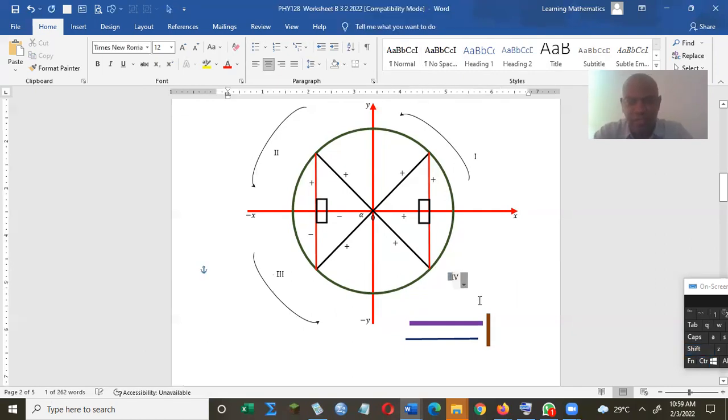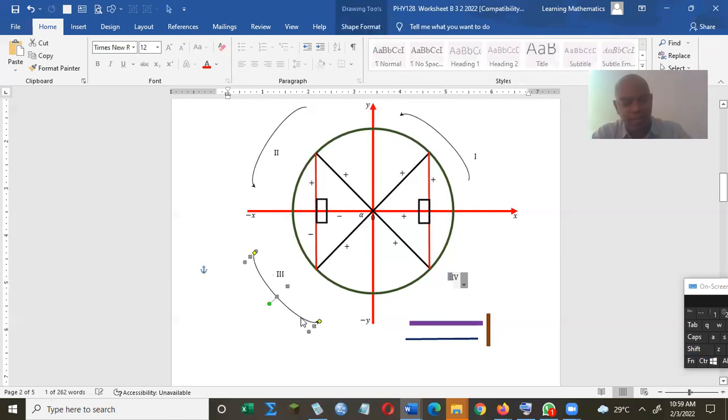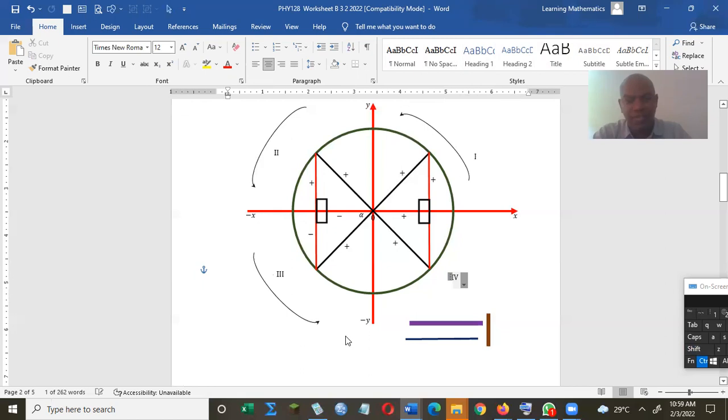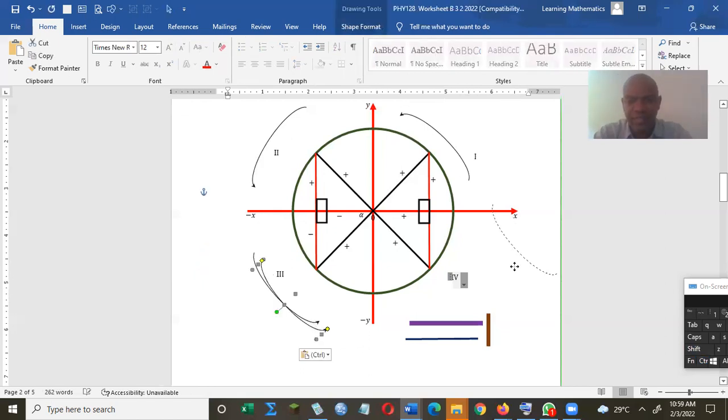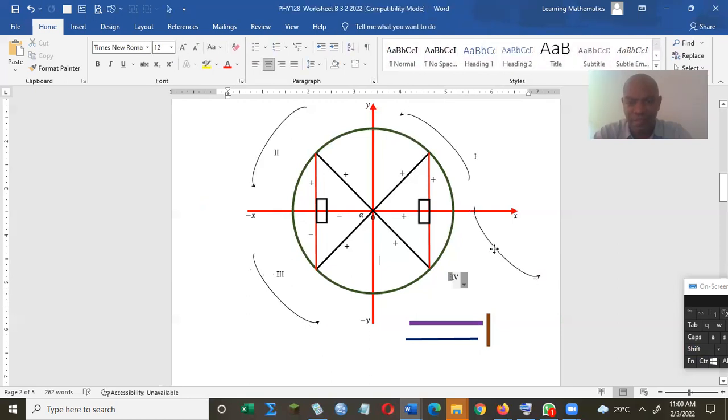We're in the fourth quadrant. In the fourth quadrant, the side opposite to the angle is negative. The side adjacent to the angle is positive.